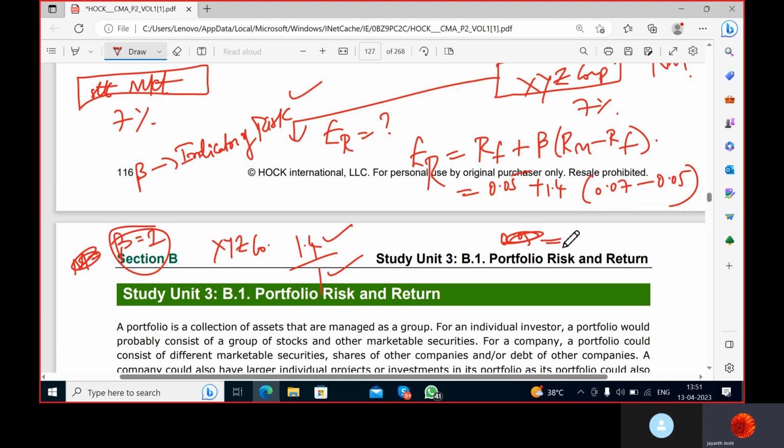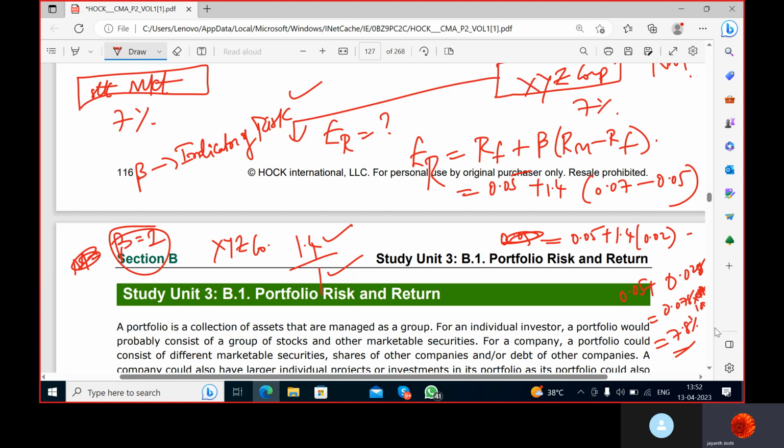Please calculate and tell me what's the answer. 7.8% is my return.